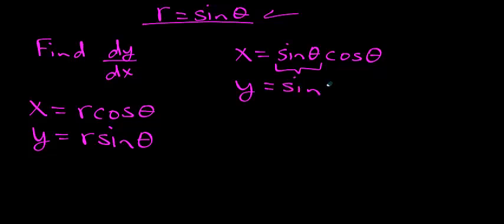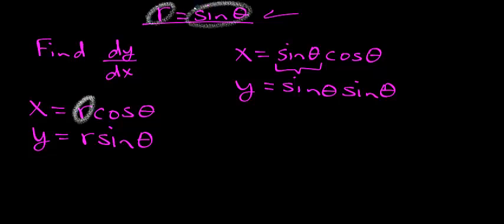So wouldn't that be r squared? Hang on just a second. Wouldn't it be r squared? Well, what we're saying is there is this relationship, r equals sine theta, and r is defined to be sine theta.